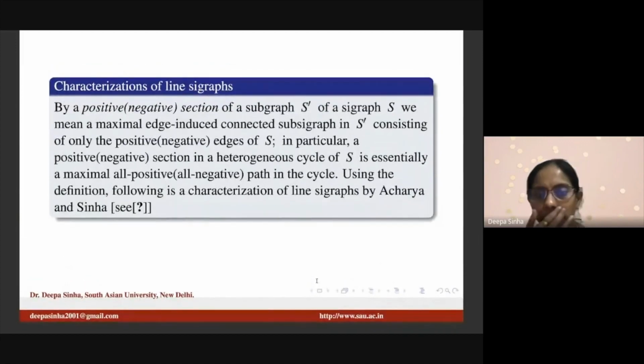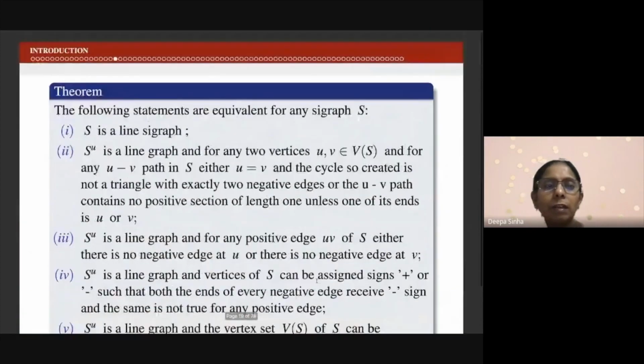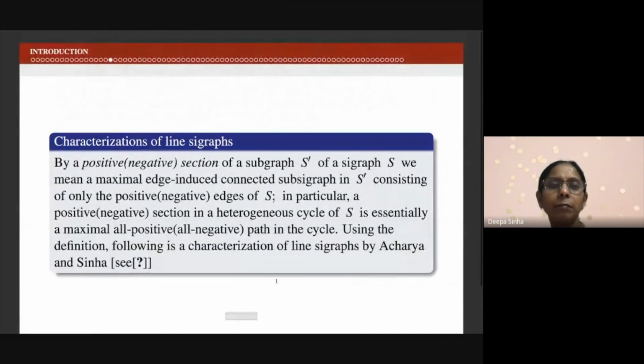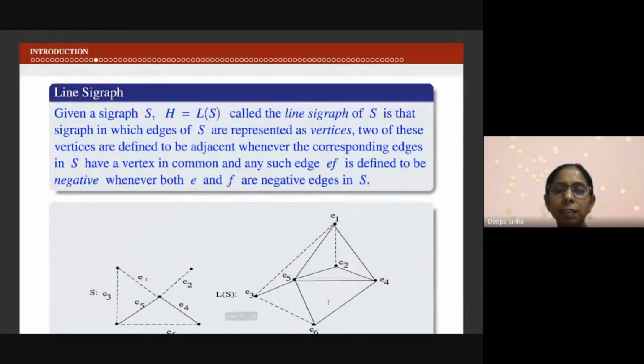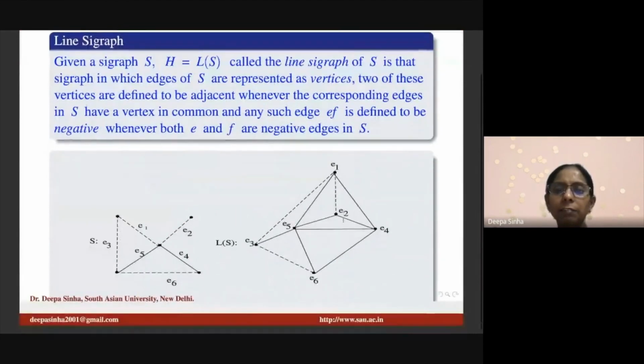By a positive or negative section of a subgraph S dash of a sign graph S, we mean a maximal edge induced connected sub-sign graph in S dash consisting only of the positive or negative edges in S. Like in this example, if I take these edges, this is the negative section. They are all negative and connected together, so you can take all three lines, because they are all connected to each other.